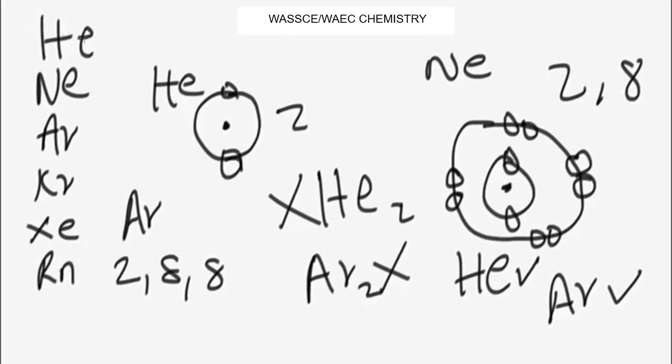Their boiling points increase down the group. This shows that neon will have a higher boiling point than helium, argon higher than neon, krypton higher than argon, xenon higher than krypton, and radon higher than xenon, in that order.